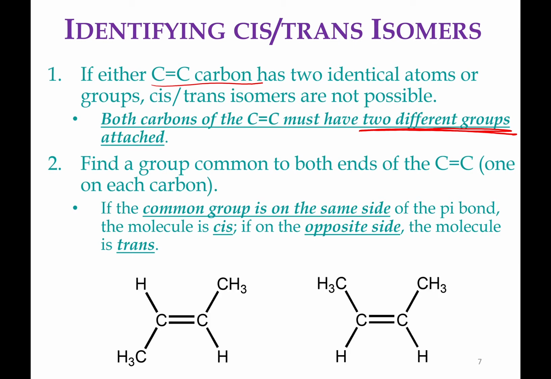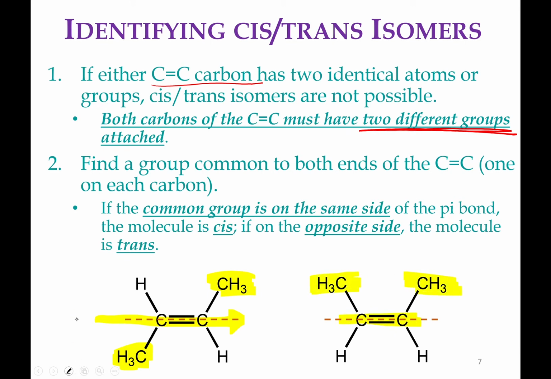Now this is where we take a little bit of a liberal approach with the cis-trans definition in order to expand it to use it in this way. We're going to look for the same group on either end. So here we have the methyl groups. We're looking down this bond and they are on opposite sides. So this one would be trans. And if we look down this bond here, they're both on the top. So it would be cis.